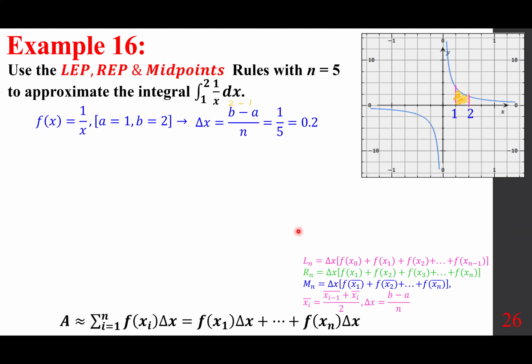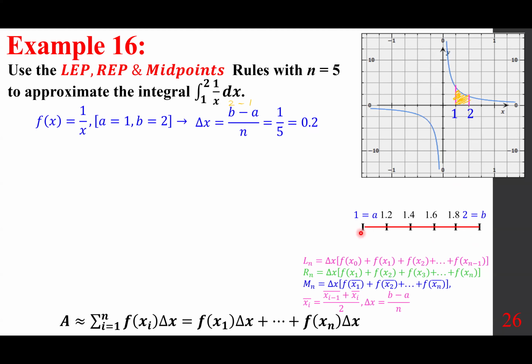So a is 1, b is 2, and we are going to add 0.2. So we get 1.2, 1.4, 1.6, 1.8, and 2. So 1 to 2, we made it large so it becomes easy to see. So we are making this interval of 1 to 2 large, huge. And then we are adding, from the beginning, 0.2.